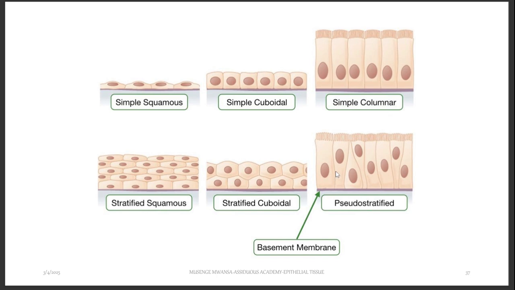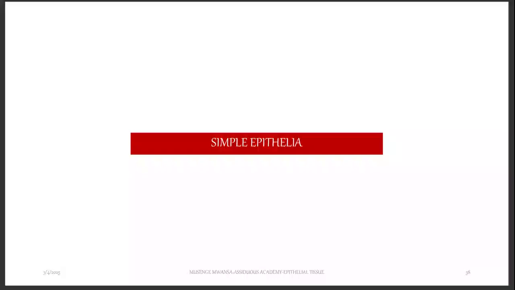You can see this is just one layer of cells, but it seems as though there are a lot of layers, because the nuclei are found at different levels. So this looks as though it is stratified, but it is not. So we call it false stratified. The word for false is pseudo, so pseudostratified epithelium.